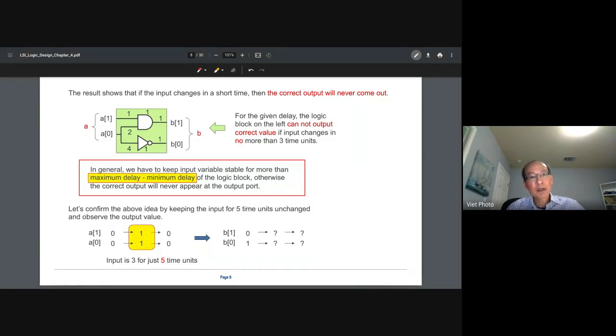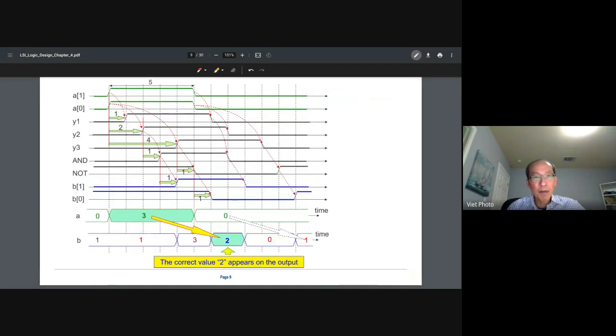In this case, the 3 doesn't work. Now if you increase the time to 5, the input is stable for 5 units, then you can see the output 2 appear here, corresponding to input 3 here.